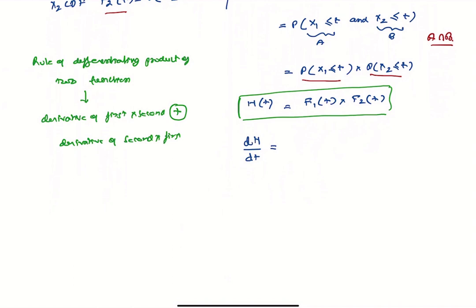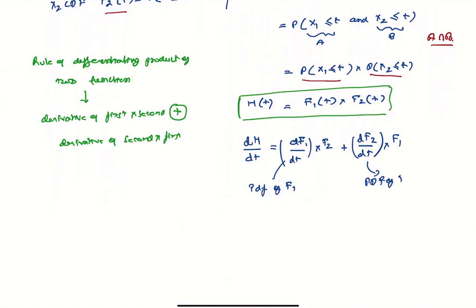So in this case it's going to become the derivative of the first, which is dF1 over dt, times F2, plus dF2 over dt times F1. But dF1 over dt is just going to be the PDF of x1, and this is going to be the PDF of x2.